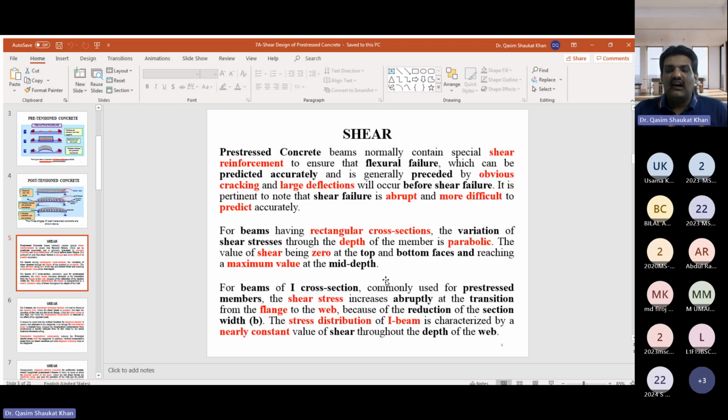So now let's start over the lecture. Earlier it was a slight revision of what pre-tensioning, post-tensioning and prestressing are. Now shear design. It is very much similar, apart from a few differences, between the shear design of prestressed concrete beams and of reinforced concrete beams.